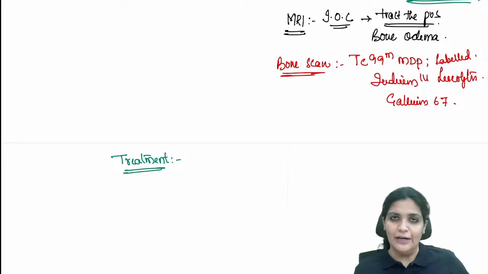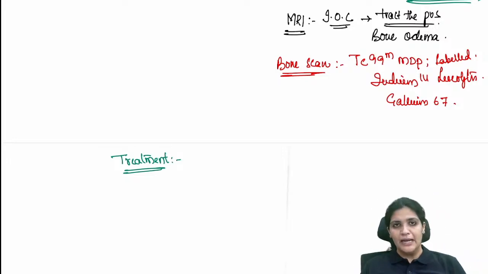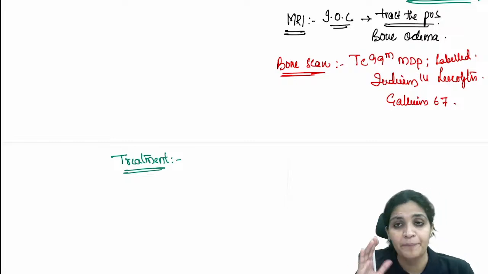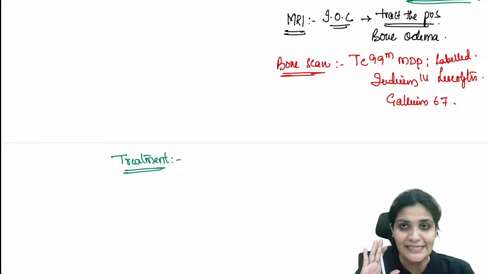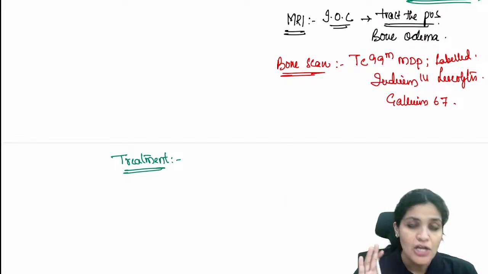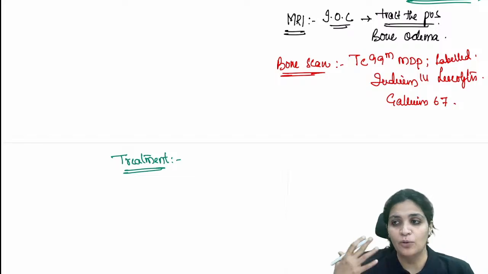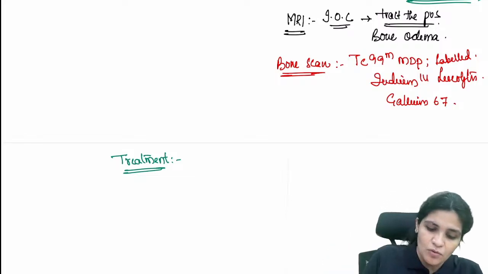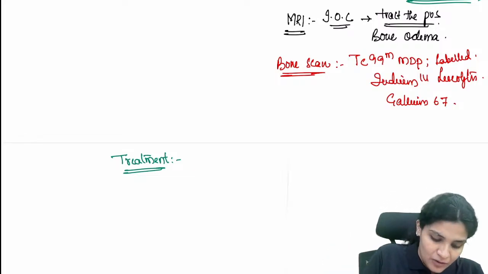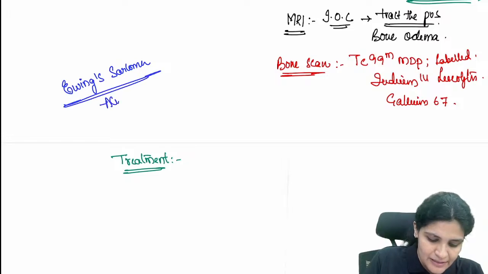Biopsy is the gold standard. Okay, I understand biopsy is the gold standard, but usually by the X-ray and the MRI, we can diagnose this as infection, right? If you're still in doubt, then you can go for biopsy. Why is biopsy the gold standard? Because there is one important carcinoma, Ewing's sarcoma, which can mimic acute osteomyelitis, right?